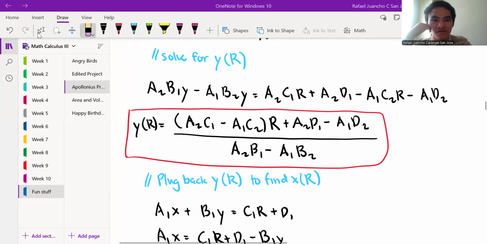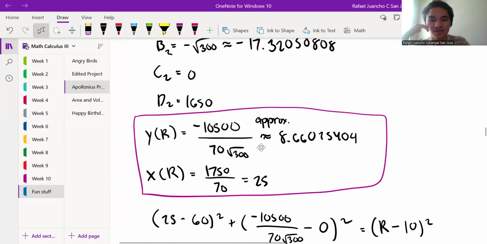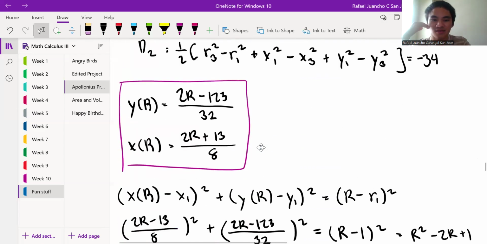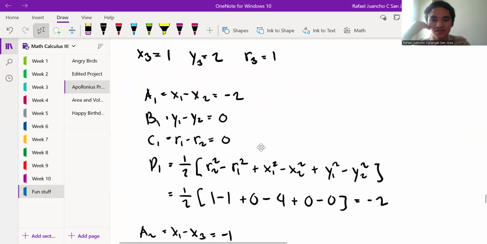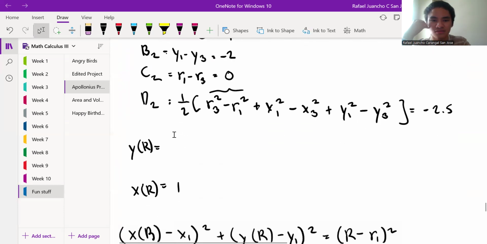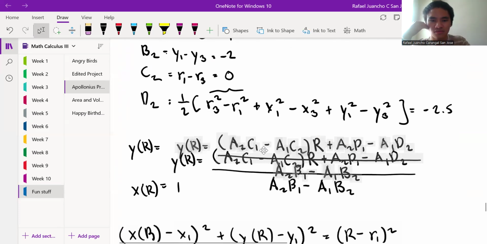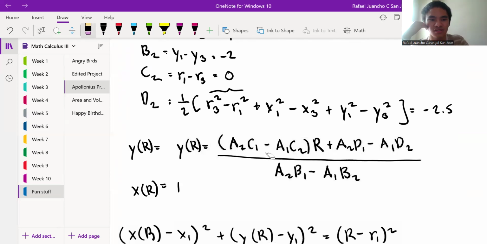So I'm just gonna plug in everything I know. Here immediately I see C1 and C2 cancel, so there's no r to consider anymore. Now I can just take this out, right? Because my C1 and my C2 are 0.